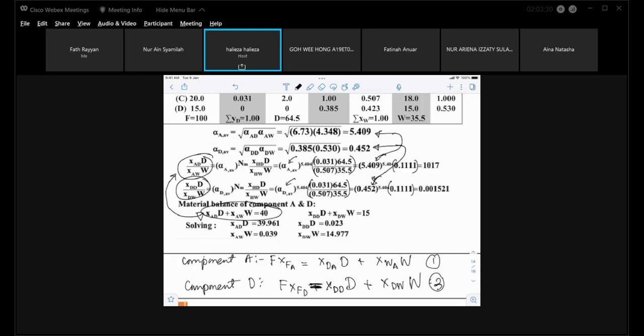This is your second equation. You solve simultaneously 1 and 2, and this is maybe your fourth equation. So you solve simultaneously the two equations, 1 and 2, 3 and 4, and you will end up with the final values here.